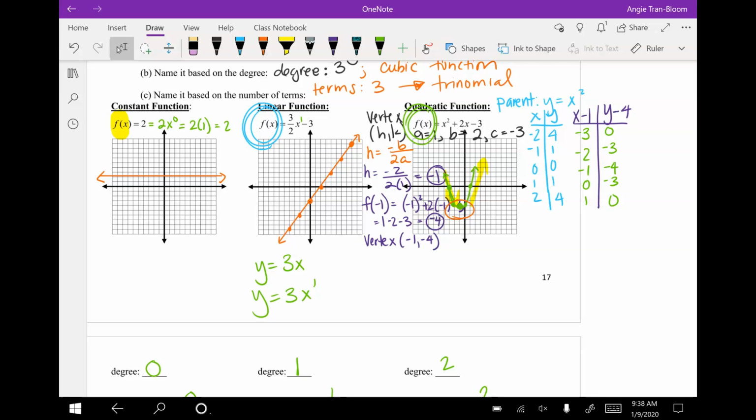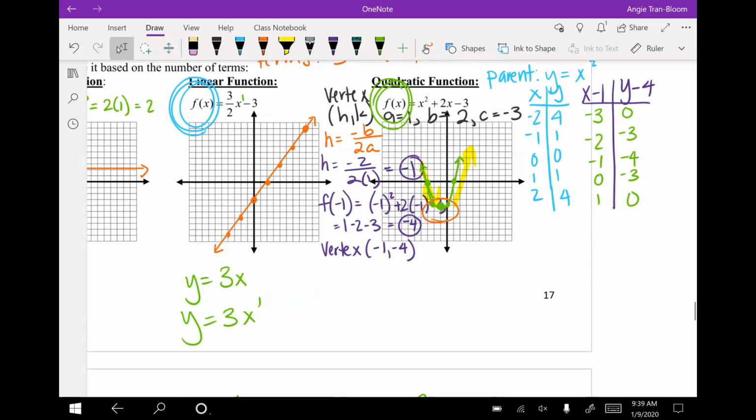What's the third graph we have on here? Good. What is the degree of the quadratic equation? No, not 4. Degree means the highest exponent. 2. Look at the end behavior. Is it going opposite directions, like the number 1, linear, or is it going the same direction? Same. So far, so good.